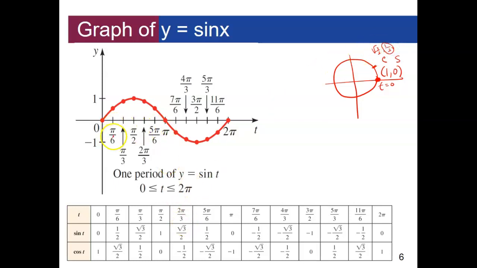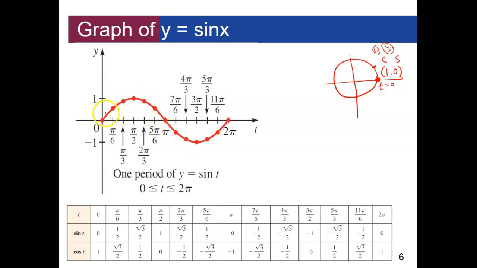So we go to pi over 6, 1/2. We didn't plot every single one of these. Pi over 3 would be square root of 3 over 2, pi over 2 would be 1, and so forth. And so when you do that, you end up with a graph that has this shape.